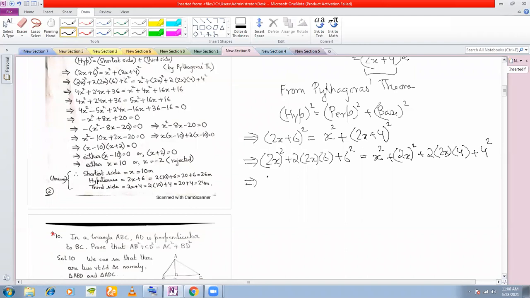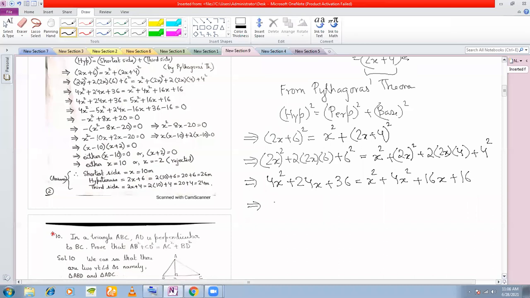You simplify this, you get 4x square plus 24x plus 36 is equal to x square. This is again 4x square plus 4 into 2x into 2 is 16, x plus 16.